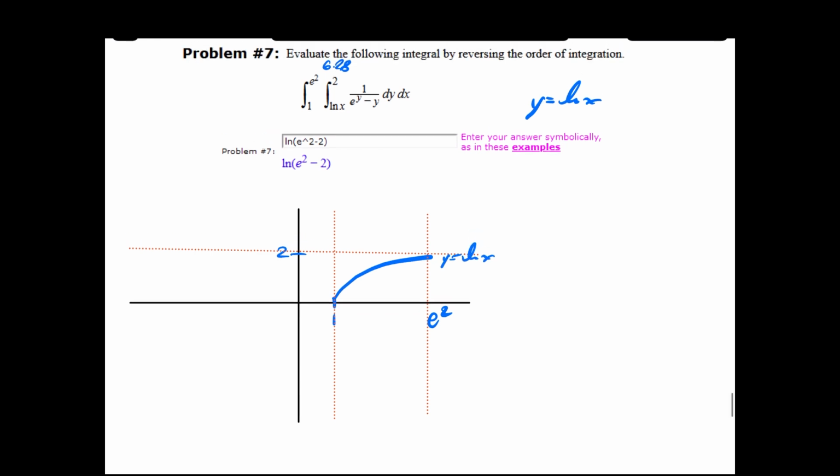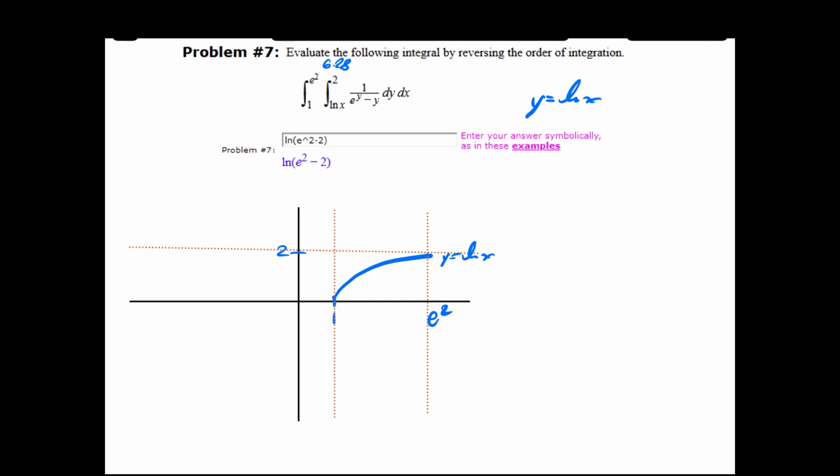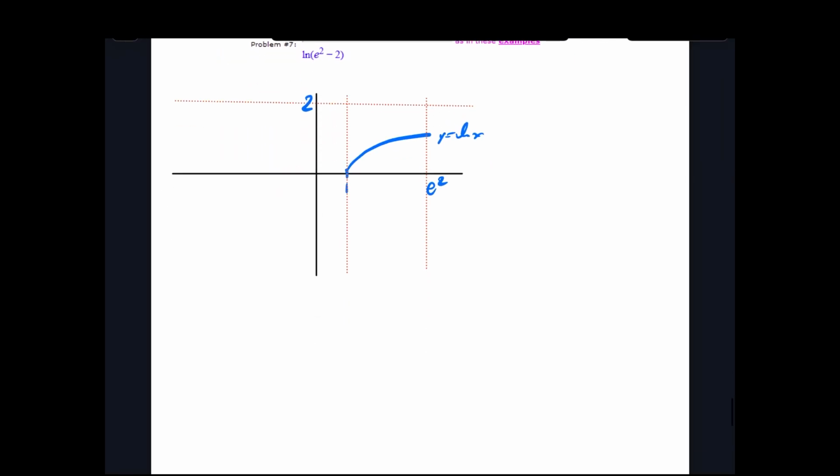And remember before we were integrating, let me bring this line up a little bit. Before, we were integrating initially with respect to dy by dx, and we're going to go about it the same way.